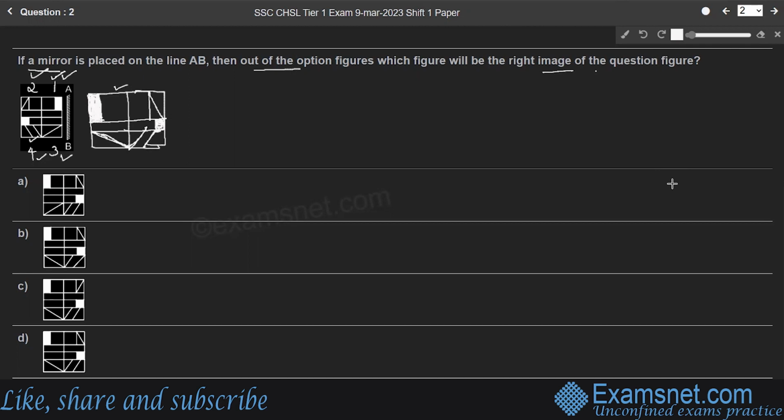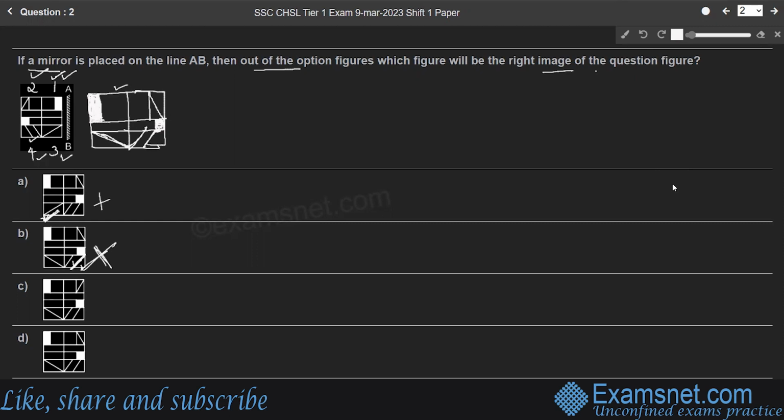So look at the option figures, right? In figure A, this part is wrong, which I'm showing now, right? Whereas in figure B, yes, this part is wrong, this slanted line is wrong, right?